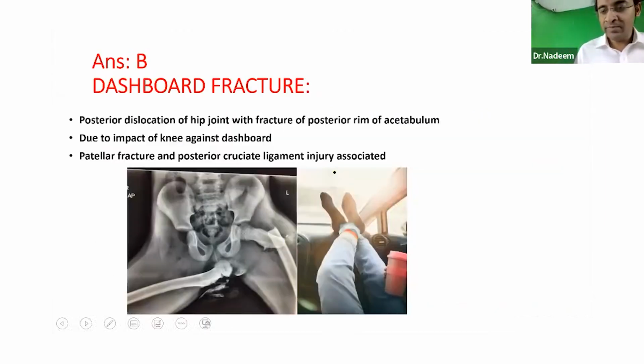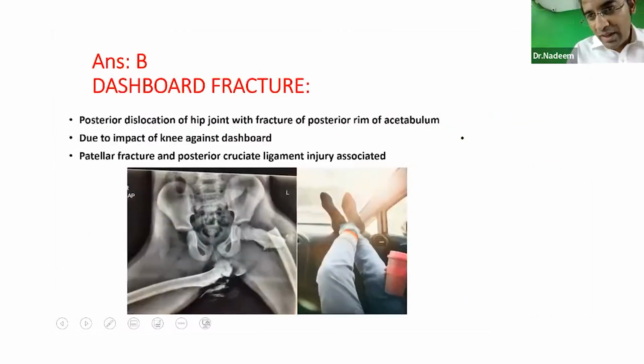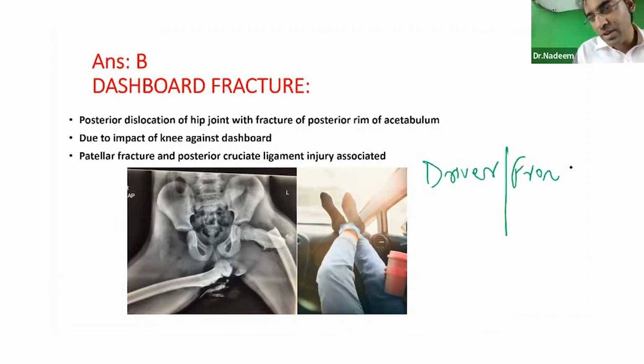Suppose in the car, in front, there will be the driver and the front seat passenger. If I ask you out of these two, where will you see ankle fracture, leg fracture, foot fracture?